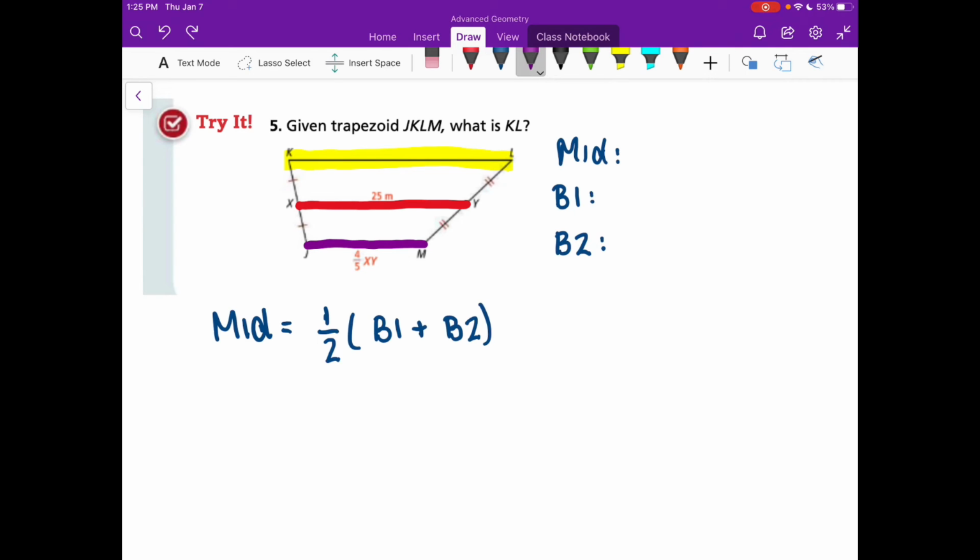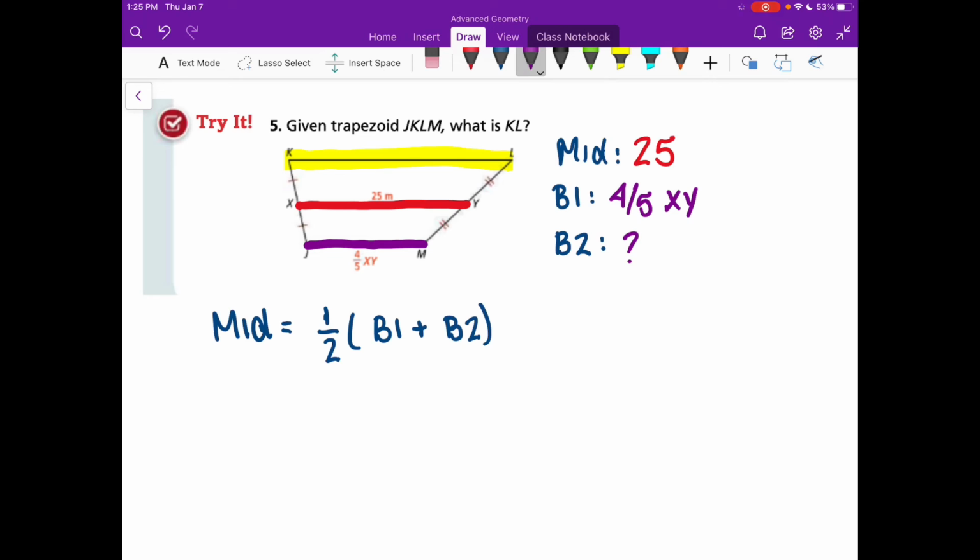We know that the mid-segment is 25. We know that base 1 is 4/5 xy. And we do not know base 2. That is actually what we are trying to find.